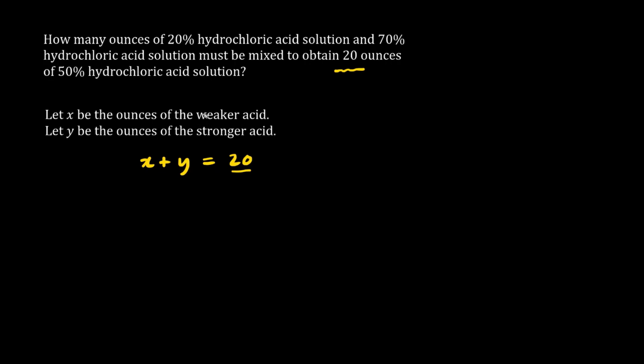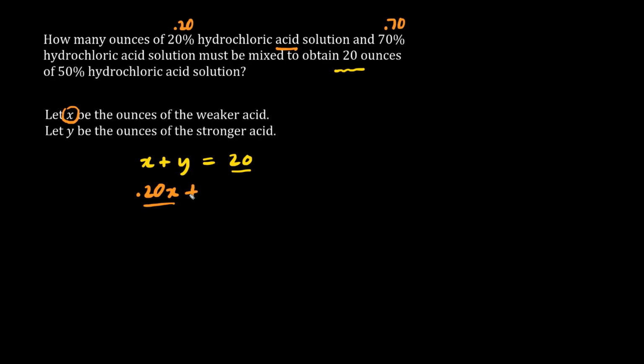In order to make the second equation, we're going to really focus in on the amount of acid only. 20% means 0.20 and 70% means 0.70. We know the volume of the weaker acid is X. So if we focus on an equation involving only pure acid, 20% of X represents only the acid found in this weaker solution.